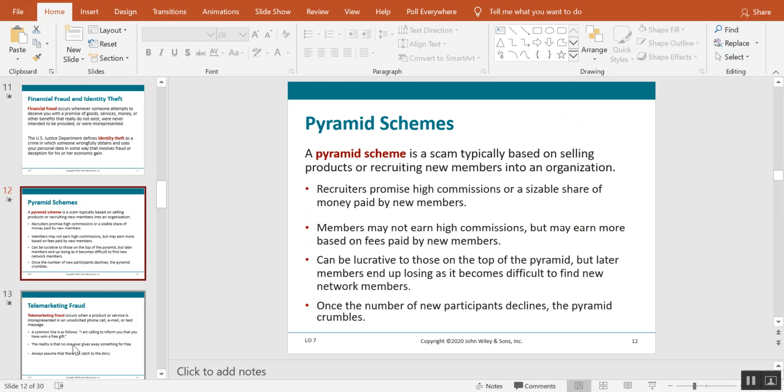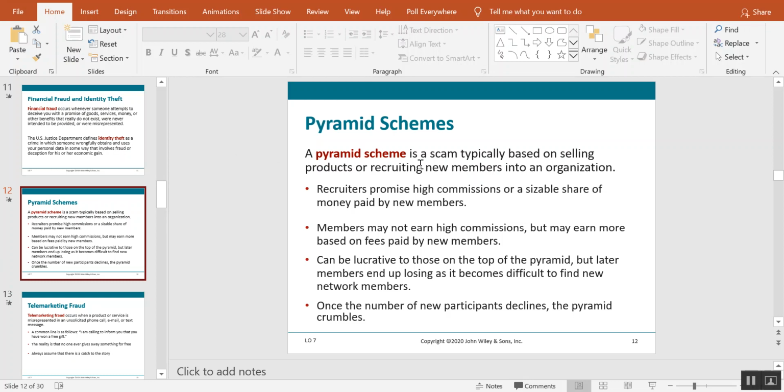A pyramid scheme is one kind of financial fraud. And probably the most famous of these recently is Bernie Madoff, who said he was investing his clients' money, but actually he was taking the new investors' money and using it to pay returns to his first investors.